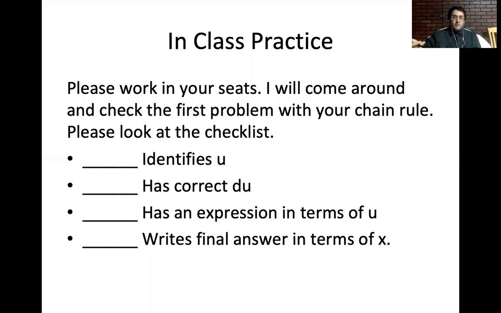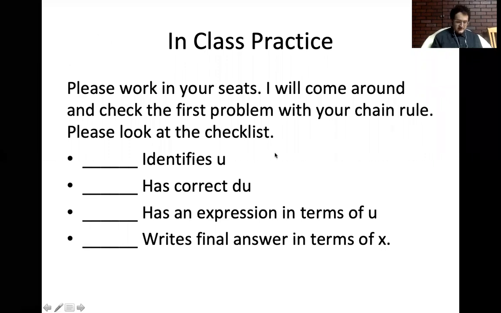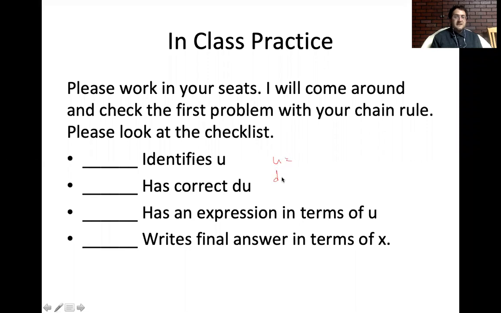But what I would like to see in a good chain rule calculation is that you are identifying your u, then you are taking the derivative of your u as well. So you should have u equals and then du equals, so that's the derivative of your u.